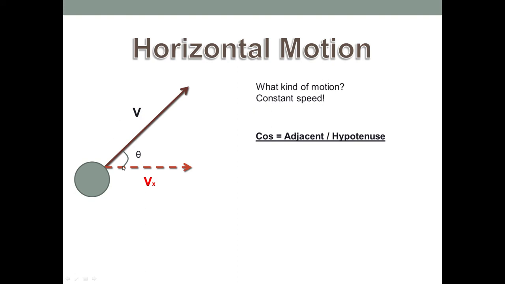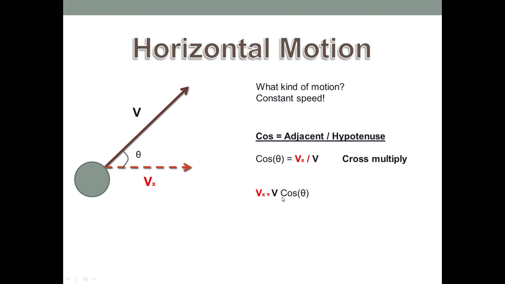In order to find v of x, we're going to use cosine of theta equals adjacent over hypotenuse. That's the formula for cosine in a right angle triangle. So cosine of theta is equal to v of x over v. Again, we cross multiply and we get v of x equals v cosine of theta.